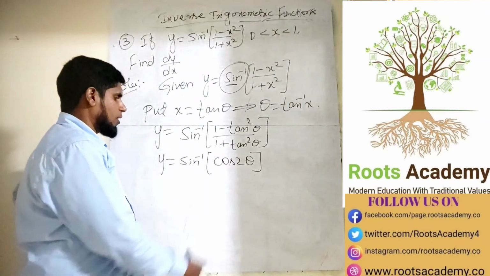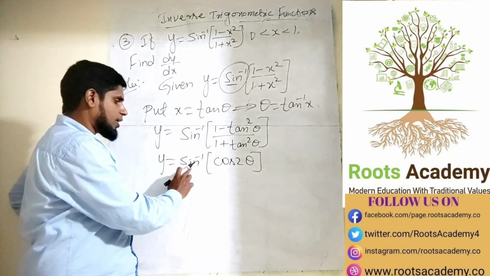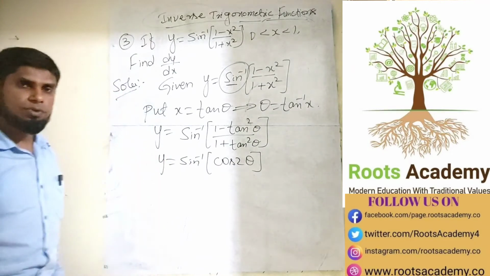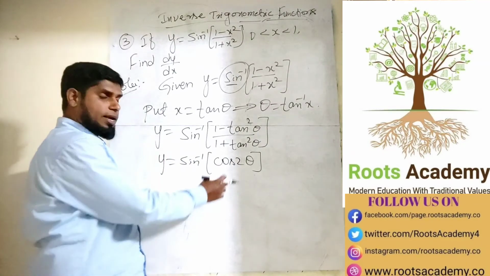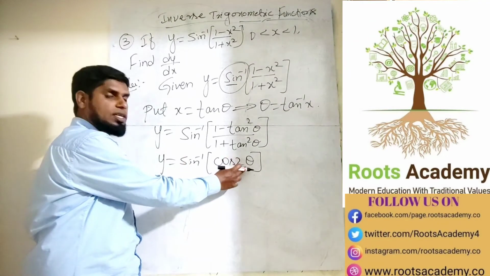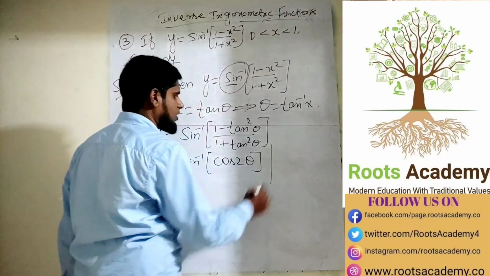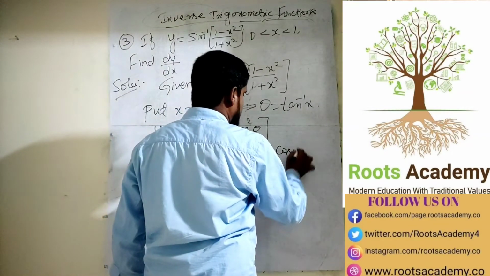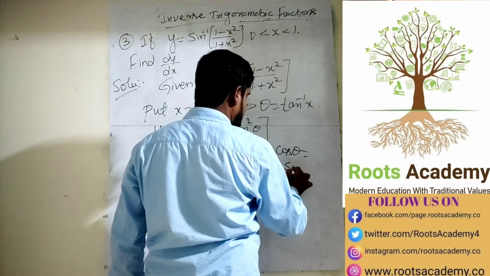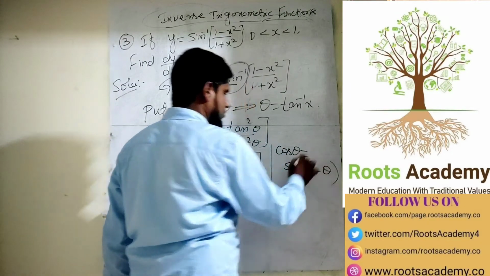This is the formula of cos 2 theta. But I cannot cancel this sin inverse. How can I cancel this sin inverse? The only way is I should convert this to sin. And in first PUC we studied that cos theta can be written as sin of (pi by 2 minus theta).